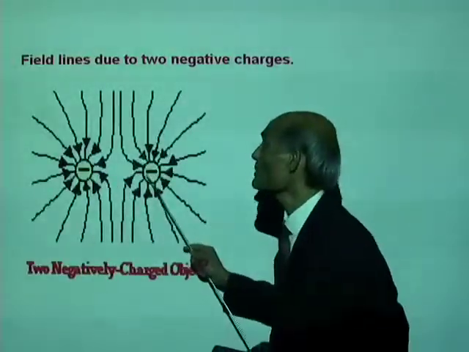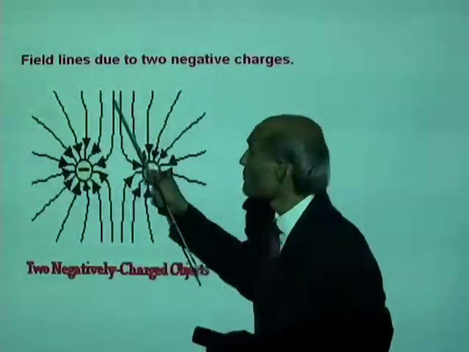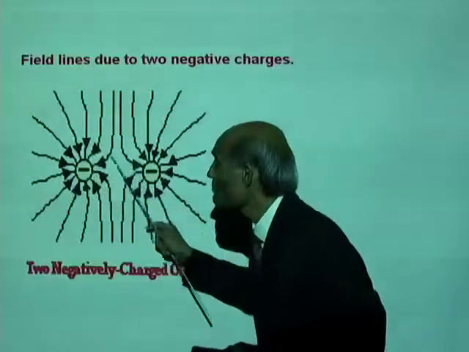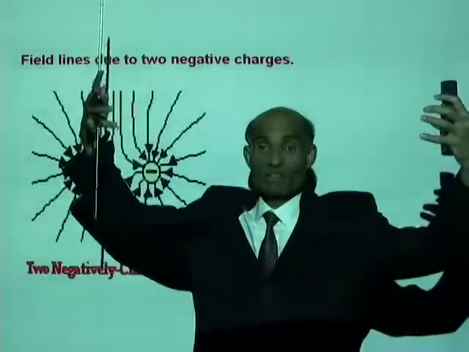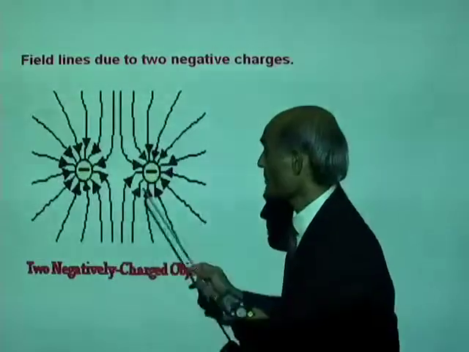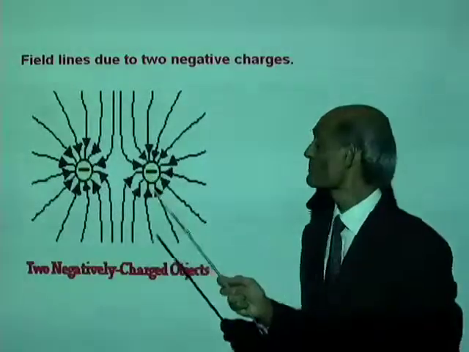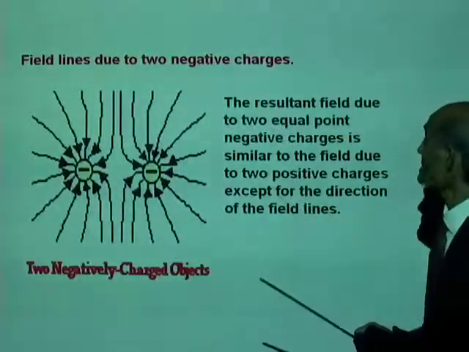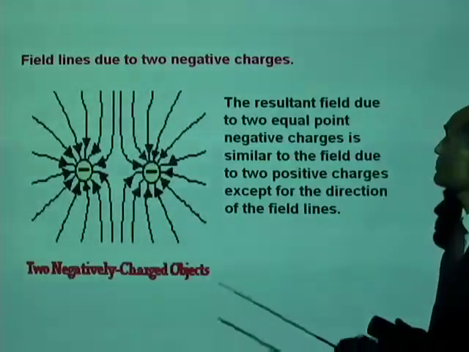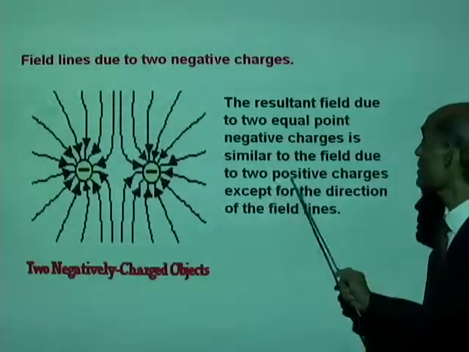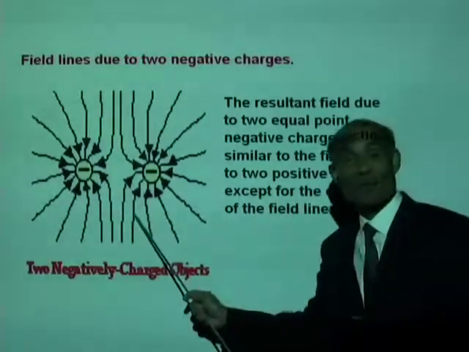So the only difference between this and the previous case is that the field lines are now converging to the negative. In the previous case, they were all diverging from the positive. Otherwise, the nature of the field is exactly the same. The resultant field due to two equal negative charges is similar to the field due to two equal positive charges, except for the direction of the field.